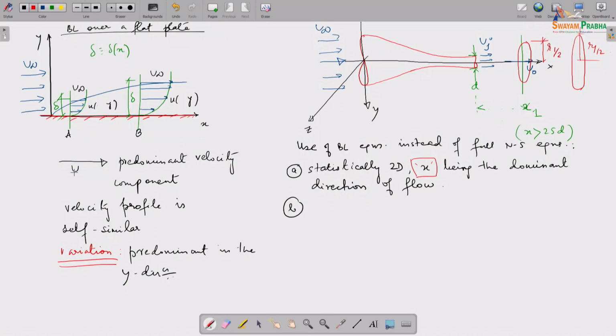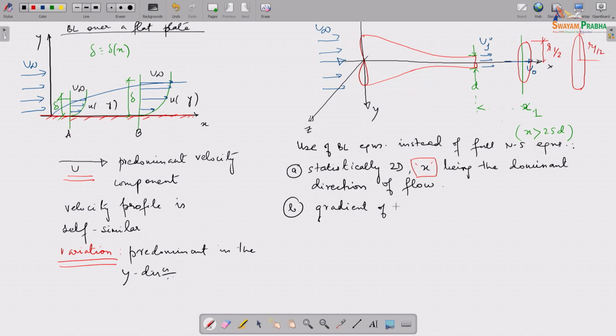Now you make this difference. The dominant component of velocity is u, but the variation of this is in the y direction, in a direction perpendicular to it. I am talking about the round jet now.